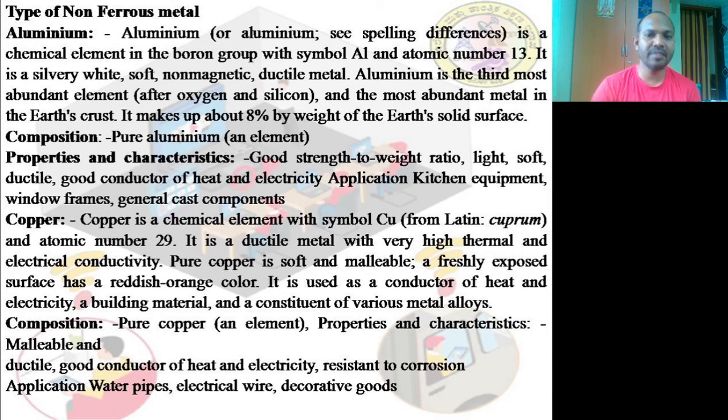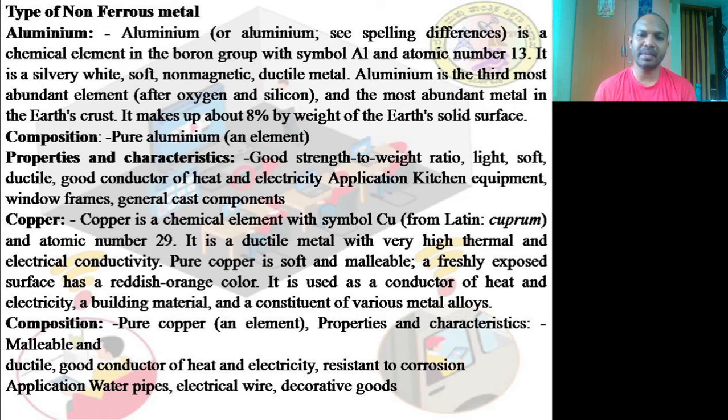It has a good strength-to-weight ratio. It is very light in weight, soft, ductile, and a good conductor of heat and electricity. Applications include kitchen equipment, even our pressure cookers, window frames, and general cast components, all made of aluminum.